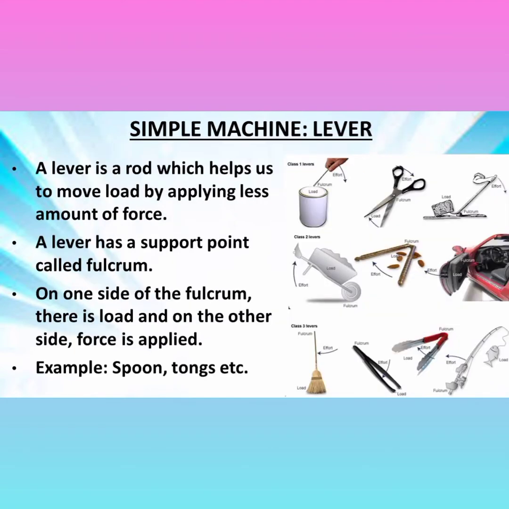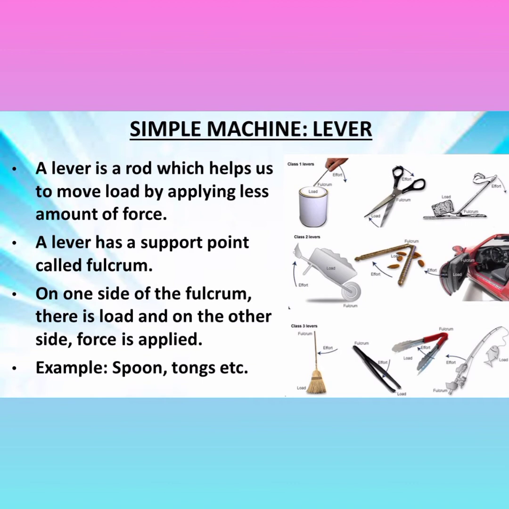Simple machine, lever. A lever is a rod which helps us to move a load by applying less amount of force. A lever has a support point called fulcrum. On one side of the fulcrum there is the load and on the other side force is applied.